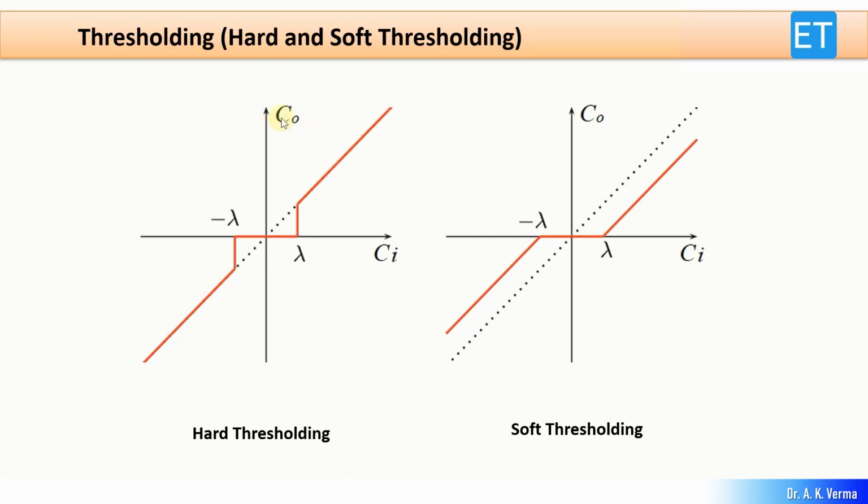So the output coefficient Co is equal to Ci beyond lambda. But in soft thresholding, the wavelet coefficients between minus lambda and plus lambda are also zeroed out, but beyond minus lambda and plus lambda, they are also reduced linearly as shown here. And there are other methods also for thresholding. I am not discussing them here.